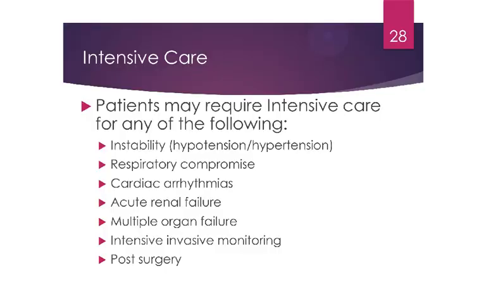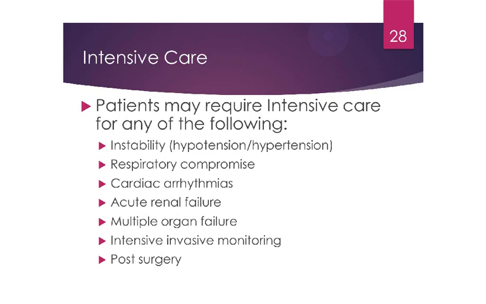So, intensive care. Patients may require intensive care for any of the following reasons. So, they may be unstable from a cardiac perspective with hypotension or hypertension as well, which may need to be controlled. They may have some form of respiratory compromise, whether it's type 1 or type 2 respiratory failure, exacerbation of COPD, asthma.